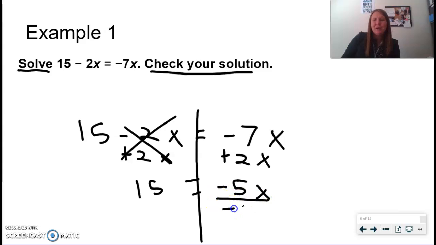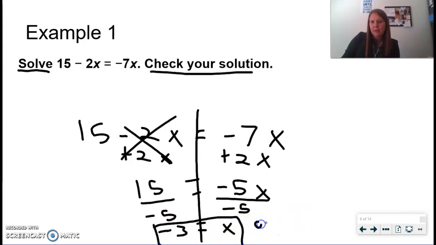So we're going to divide each side by negative 5. With that being said, I get x equals, well, 15 divided by negative 5 gives me a negative 3. And you can always just flip it around if that works better for you. It doesn't matter which form it's in, if the x or the -3 comes first, as long as we still have that equal part in there.